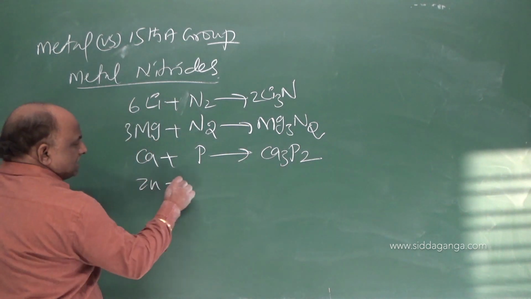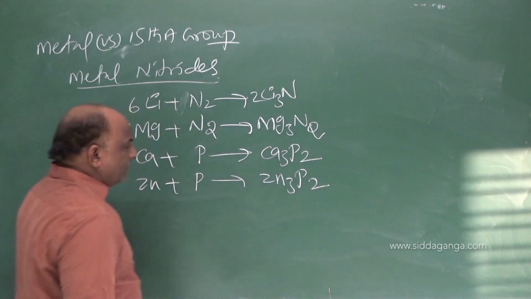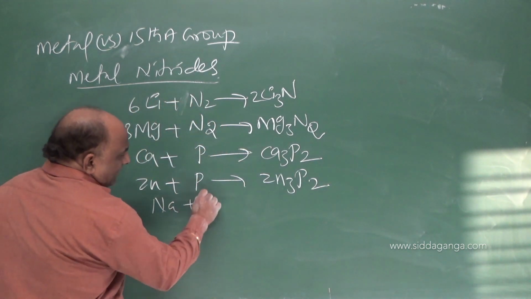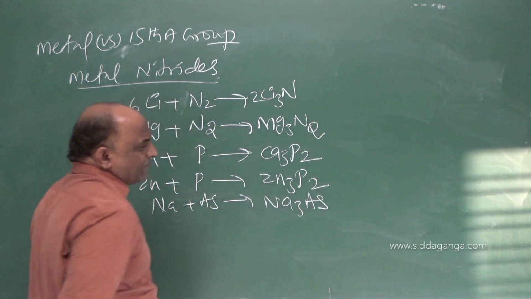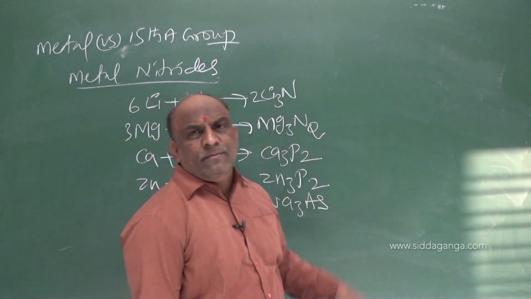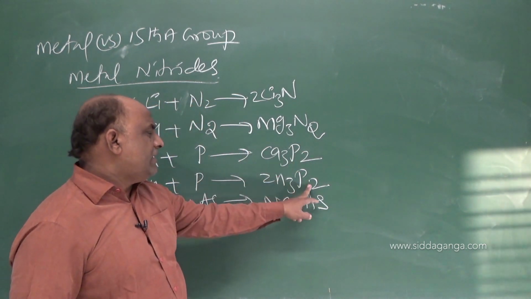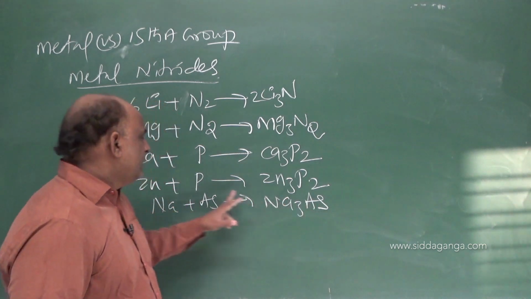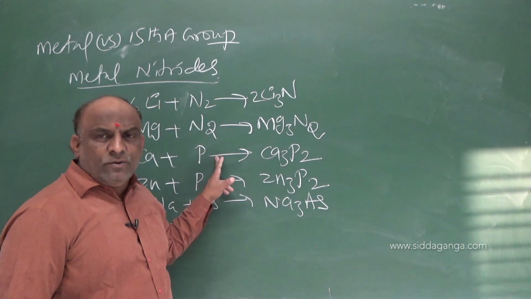Suppose it is Zn plus phosphorus, the answer is Zn3P2. If it is sodium and arsenic, the answer is Na3As. Lithium nitride, magnesium nitride, calcium phosphide, zinc phosphide, sodium arsenide. These are the examples with respect to the 15th group elements.